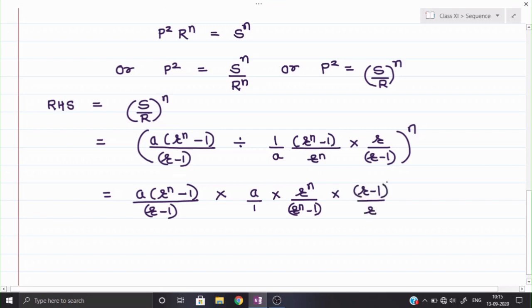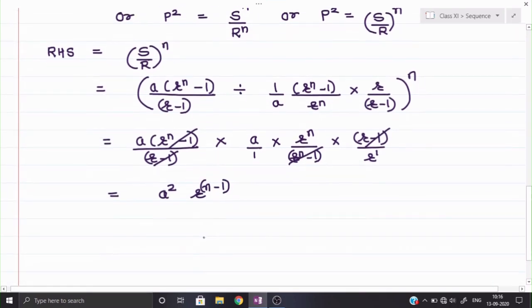Observe, r minus 1 and r minus 1 got cancelled, r to the power n minus 1 and r to the power n minus 1 got cancelled. A into a will become a square, and r to the power, I will apply the laws of exponent, this will be r to the power n minus 1. So we got the RHS as a square into r to the power n minus 1.